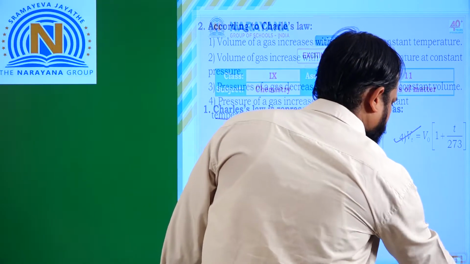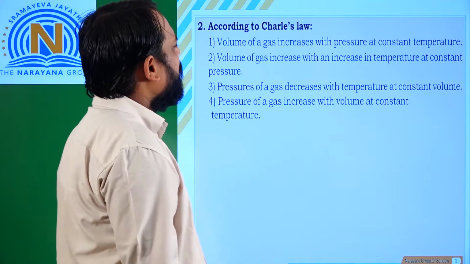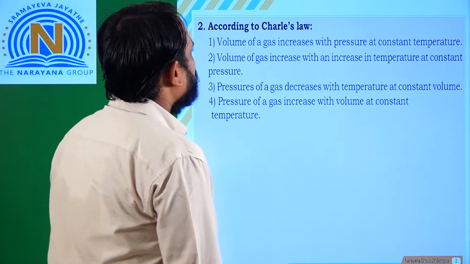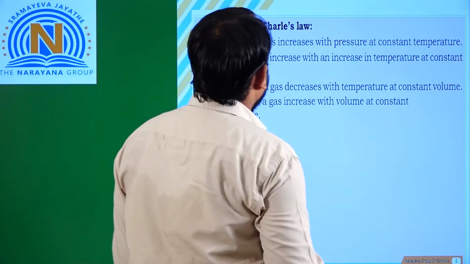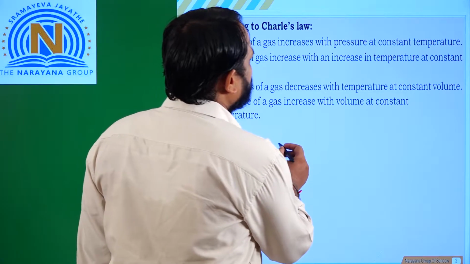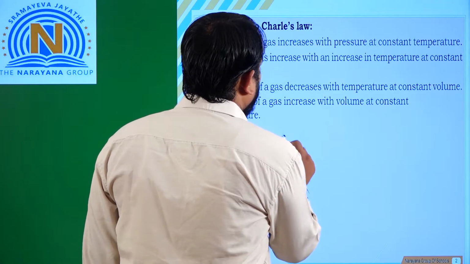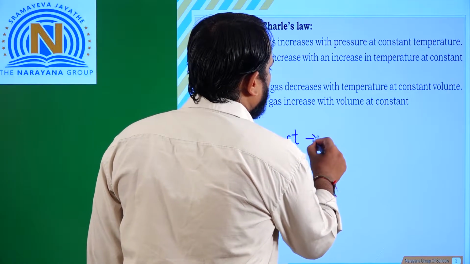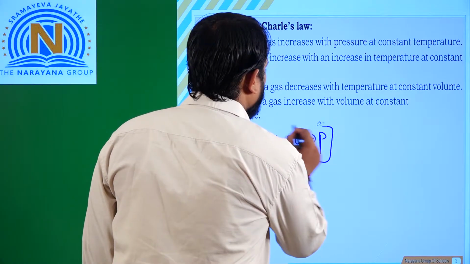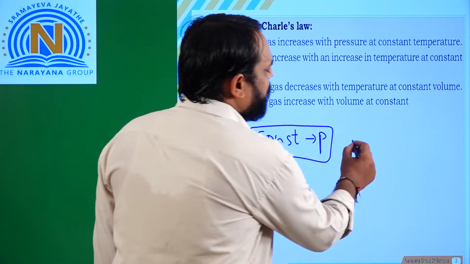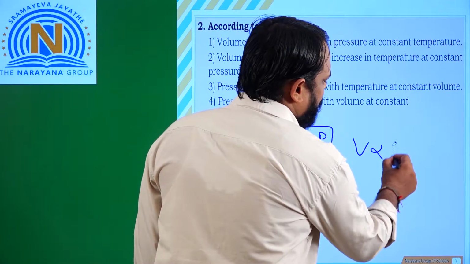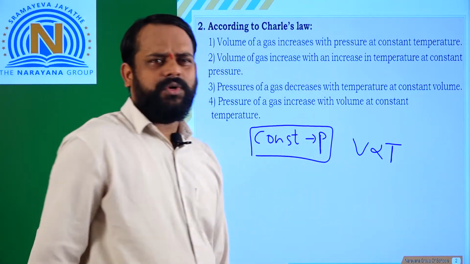And next, according to Charles law, what is Charles law exactly? So here Charles law means, at constant pressure, the volume of the given mass of the gas is directly proportional to its absolute temperature.